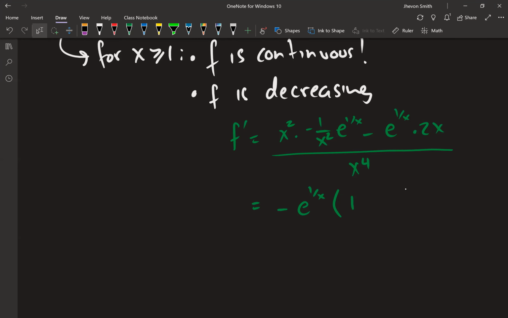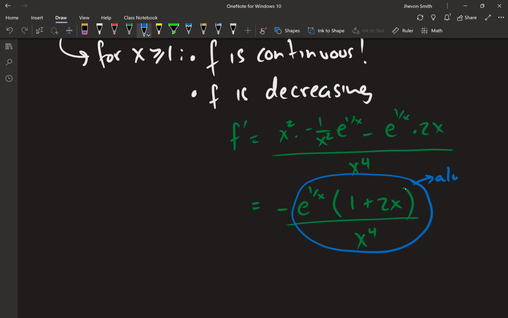That would be a 1 plus 2x over x to the 4th. Now, this part here is obviously always positive. So this tells you f prime is negative. So my f prime is less than 0. This means f is decreasing.